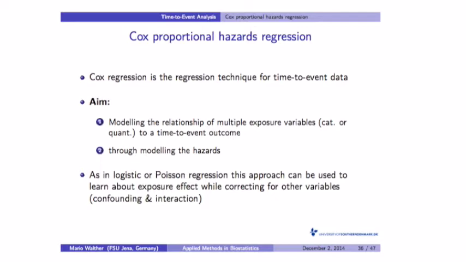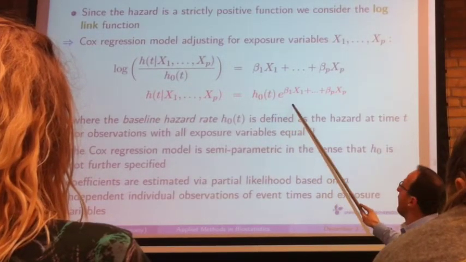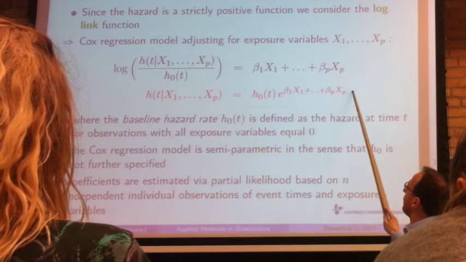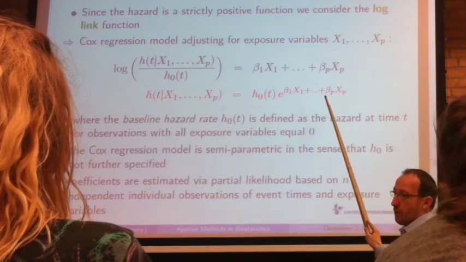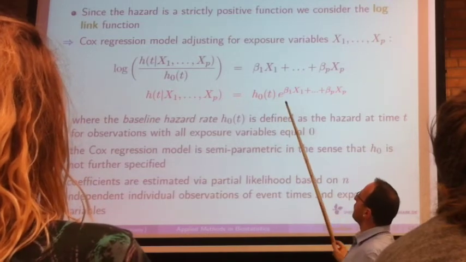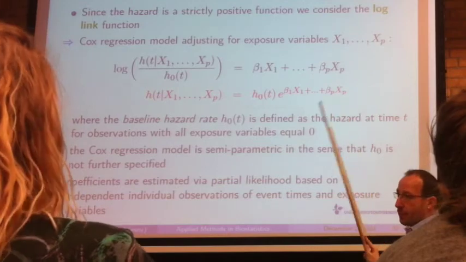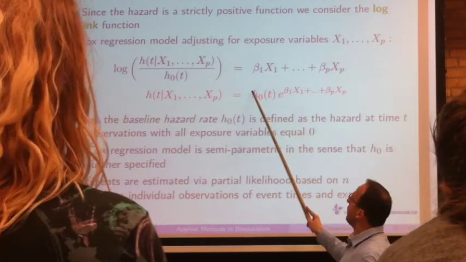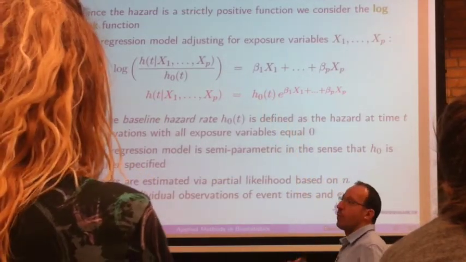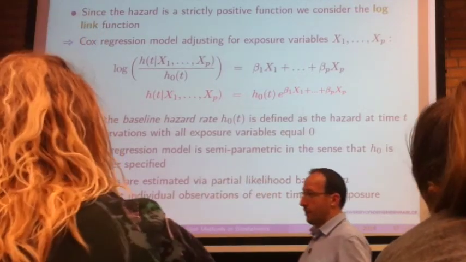These are our three variables, and the idea is to model the hazard function as a product of the baseline hazard and e to the power of the linear combination of the exposure variables. So the baseline hazard is the hazard function for the subjects where all exposure variables are 0. You can think of the baseline hazard as the hazard for a reference subject in your population or in your data.